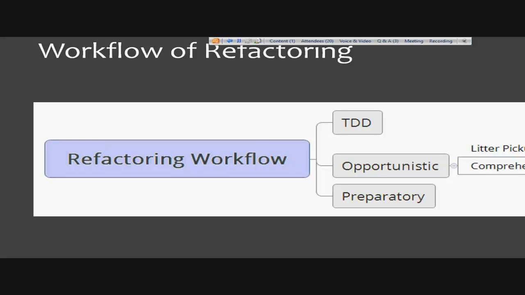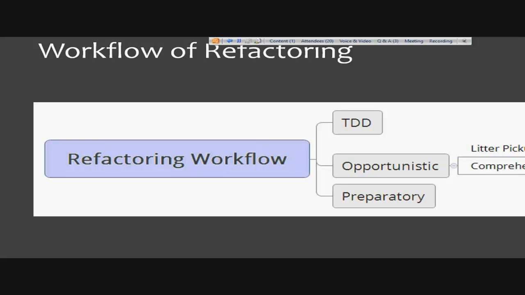So whenever we see ugly code, or, just now I think one of the attendees, Niharika, asked a question: if I see a design pattern implemented wrongly, should I go ahead and refactor? Definitely yes. That's an opportunity presented here, and it is called litter pick refactoring.